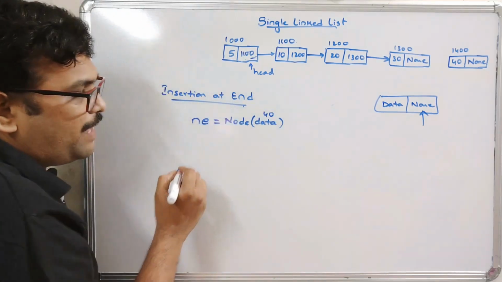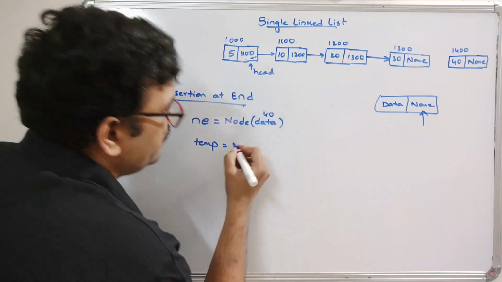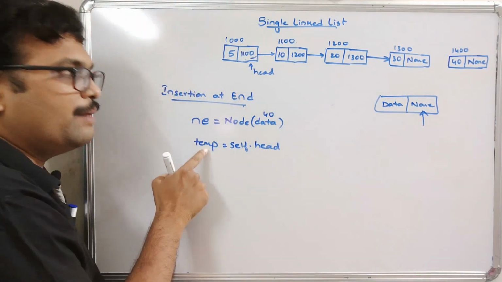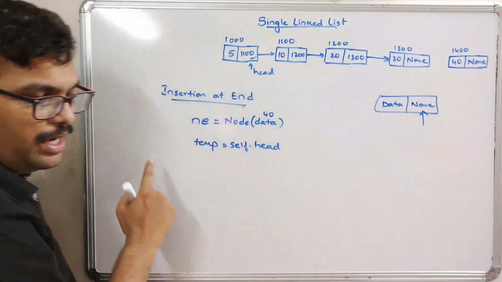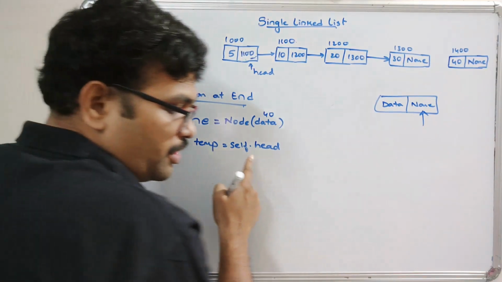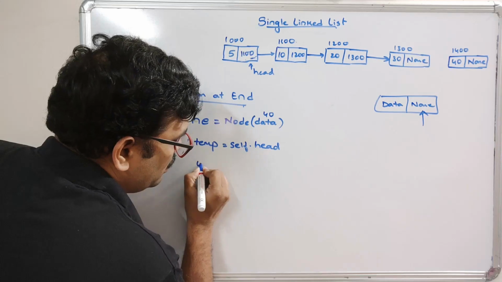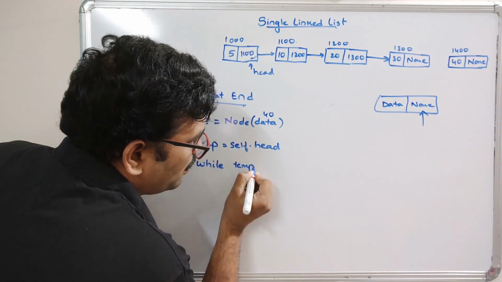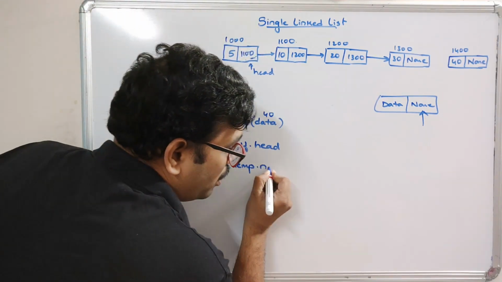So I will take some temporary variable and I will store this head here, so that I can change the temp value from the first position to the last position. For that purpose, I will go with a while loop: while temp dot next.